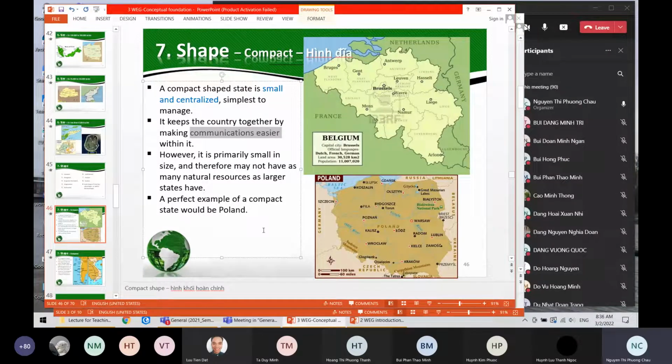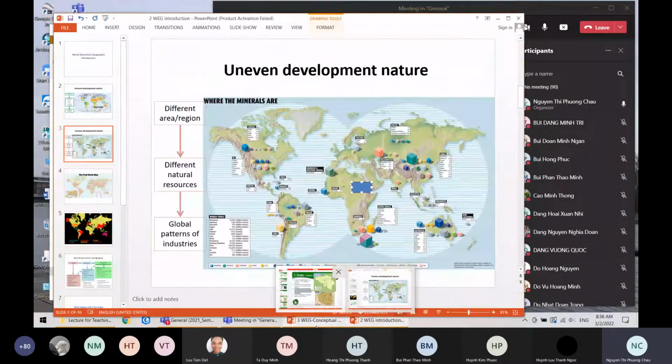So what are the disadvantages of the compact nation? However, it is primarily small inside and therefore may not have as many natural resources as larger states have. So you see, we just mentioned before, it's a very small size.